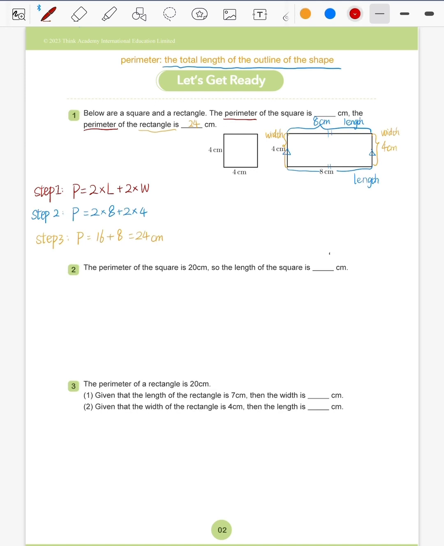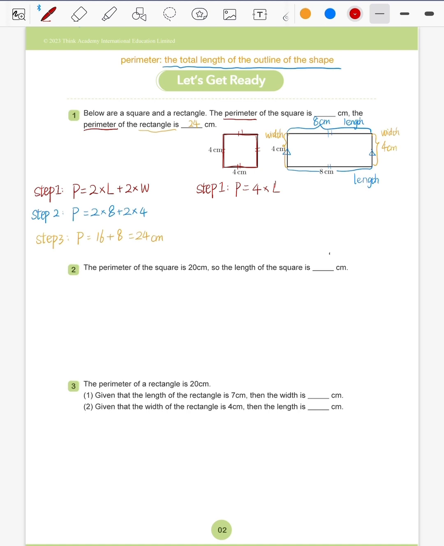For the square, what's the property of the square? We know all the 4 sides will share the same length, right? So if we want to calculate the perimeter of the square, it means we will have 4 lots of equal sides. So for the formula of the perimeter of the square, it will be 4 lots of the same side. So we can use 4 times the length.